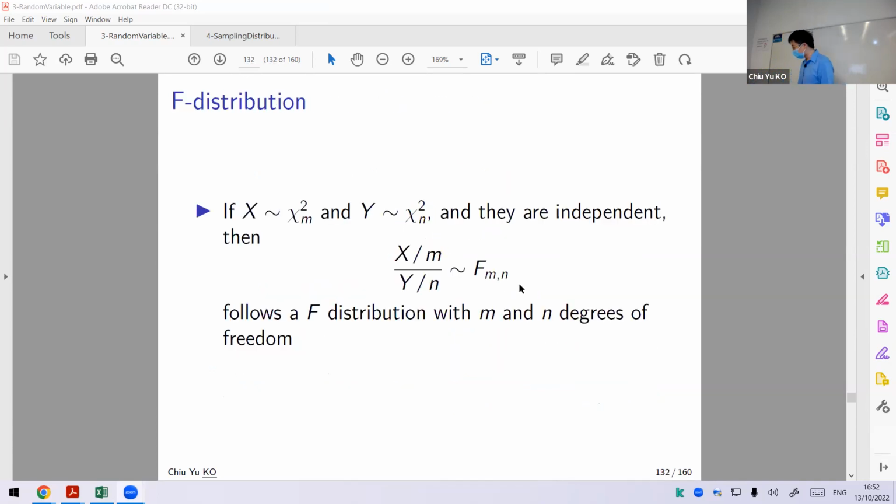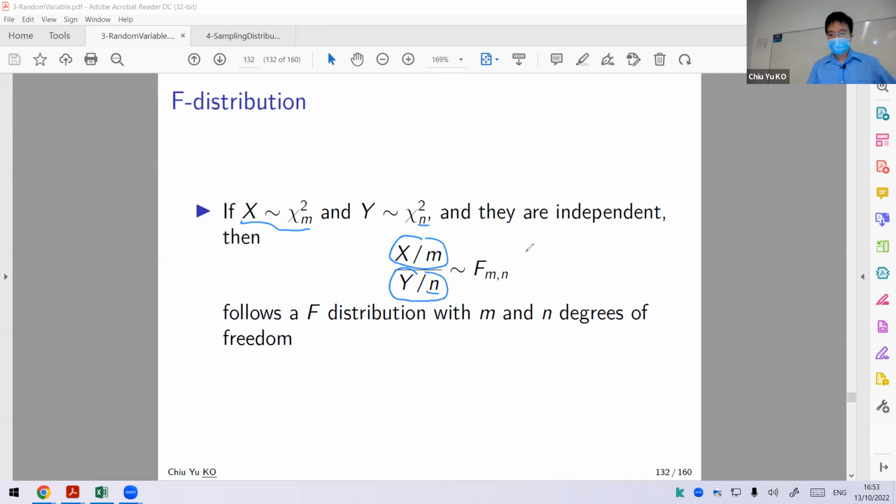The very last thing that we will be talking about is the F. F is again a ratio. The numerator is a chi-square of m divided by m, and the denominator is chi-square n divided by n.